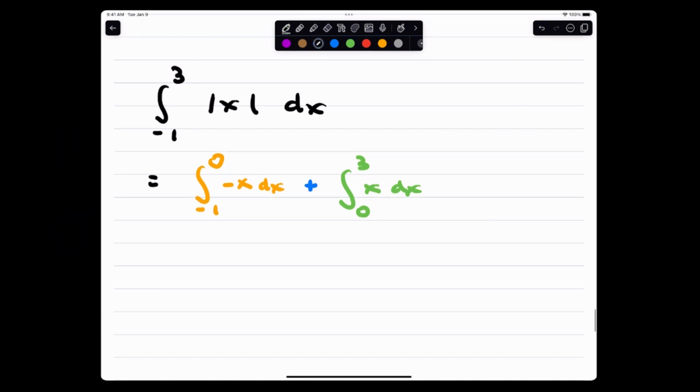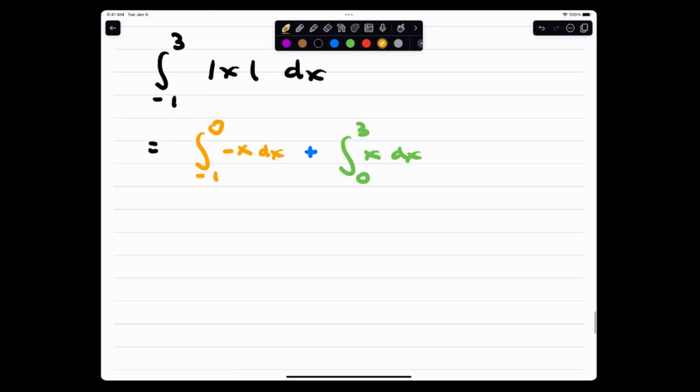So the price you pay is 2 integrals. Okay, you guys with me on that? Let me do everything in orange here now. What's the antiderivative of negative x? That's -1/2 what? x squared. You evaluate this from x is -1 to x equals 0 here.